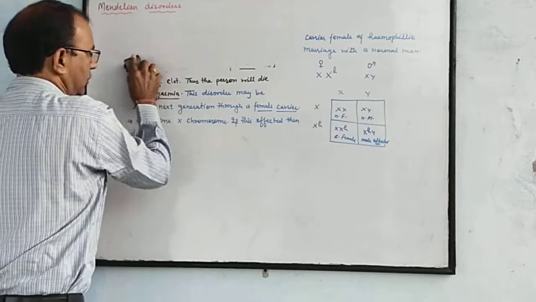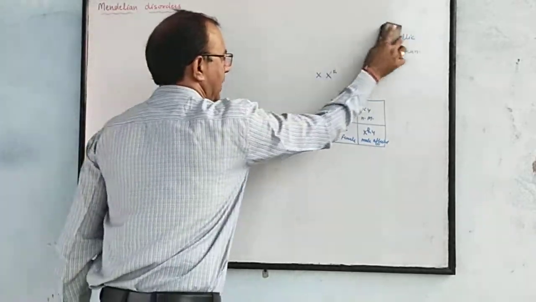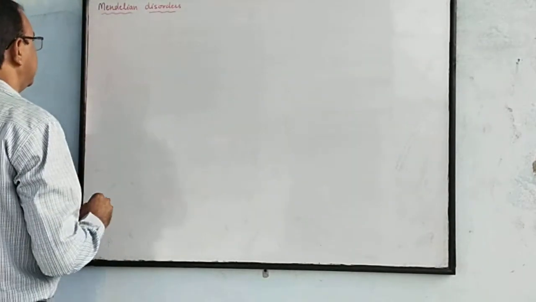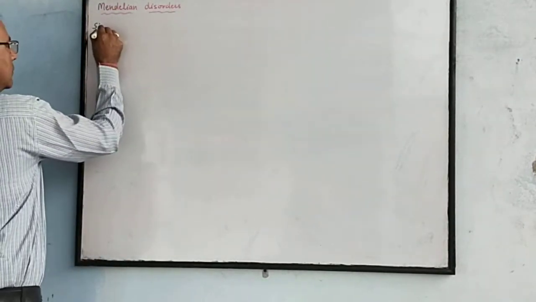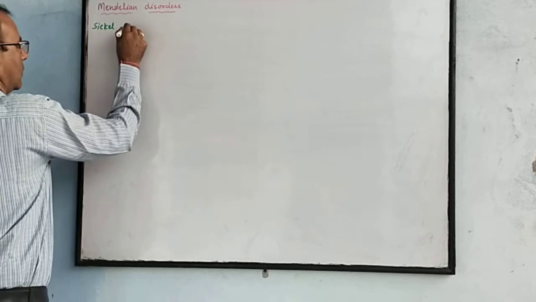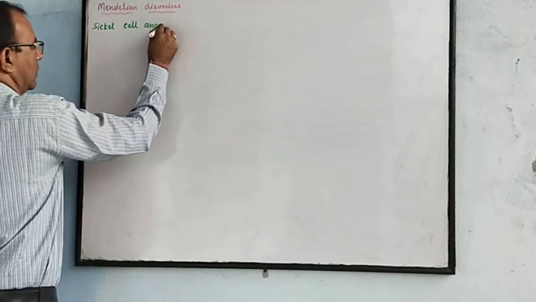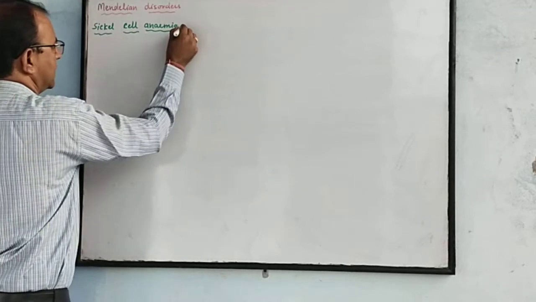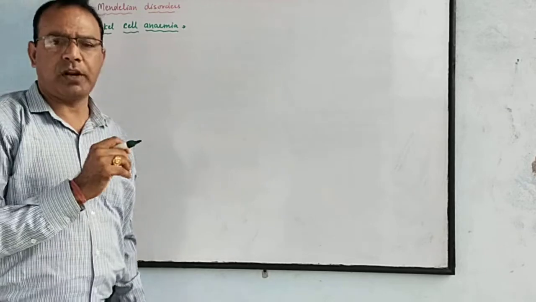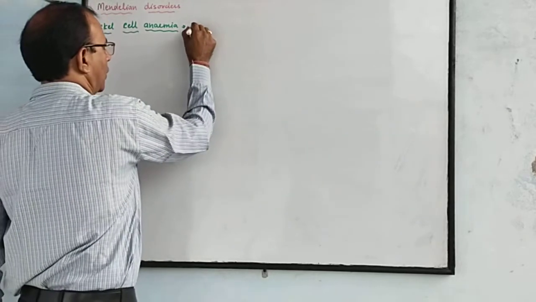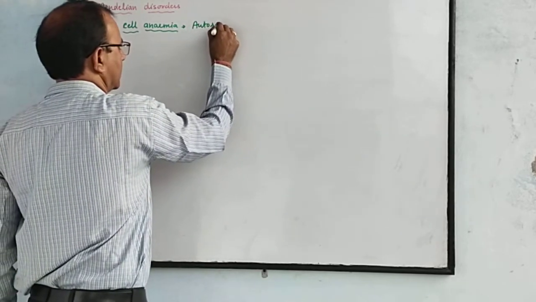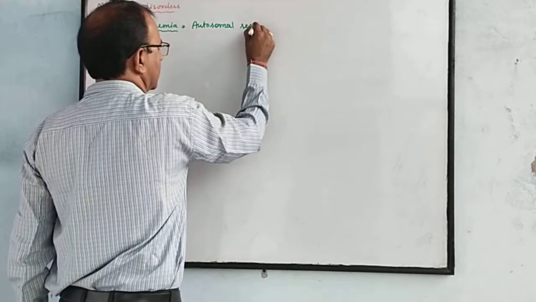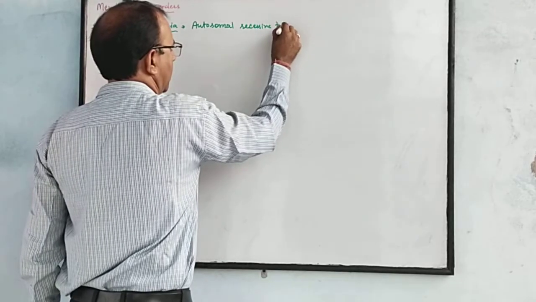The next disorder is sickle cell anemia. Sickle cell anemia is an autosomal recessive trait or disorder.